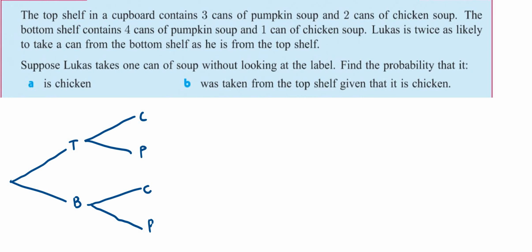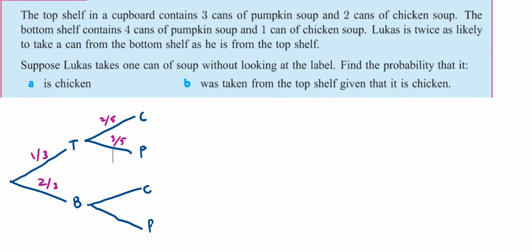They told me that Lucas is twice as likely to take a can from the bottom shelf as he is from the top shelf. So I'm going to make that probability 2/3, and then that means the top shelf is 1/3. In the top shelf, there are 2 cans of chicken soup out of 5, so that's 2 out of 5 for chicken and 3 out of 5 for pumpkin if we go on the top shelf.